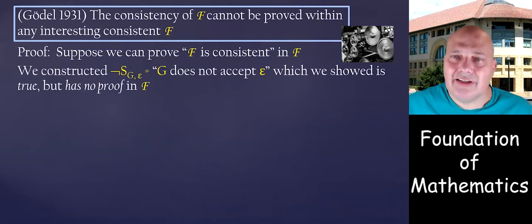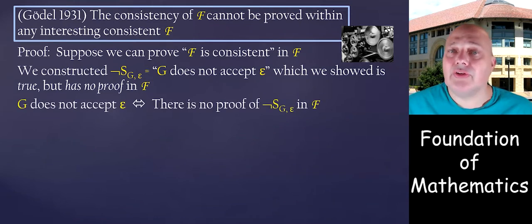We constructed in the previous slide a statement not S_{G,ε}, which means G does not accept ε, the empty string. And we showed that this statement is true, but has no proof in F. So that's what we showed before.